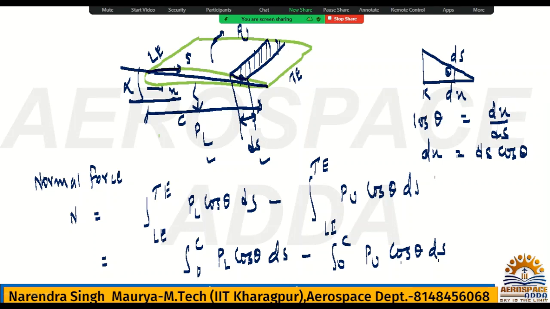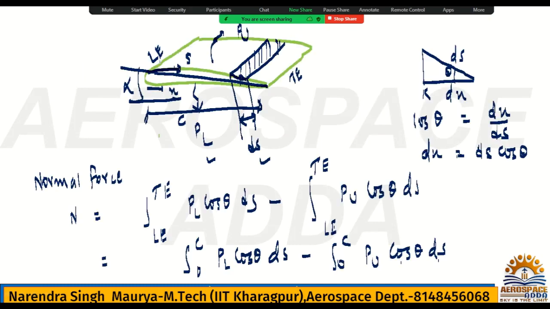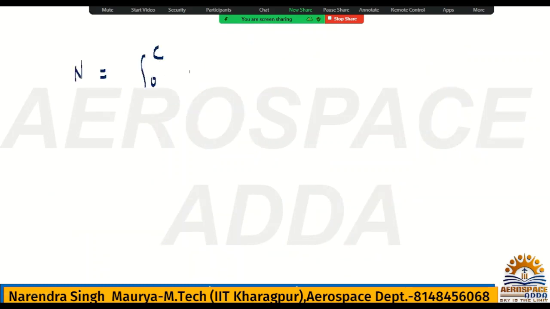So what is the normal force? Normal force N will be the integral from 0 to C of PL dx minus the integral from 0 to C of PU dx. Done. This is the normal force.